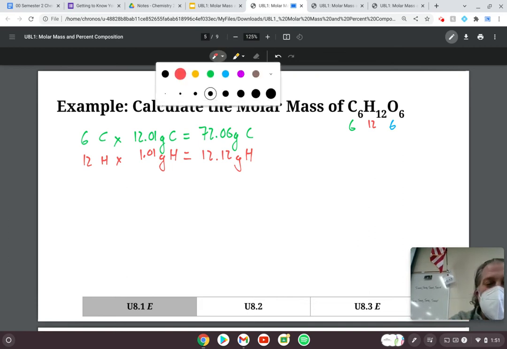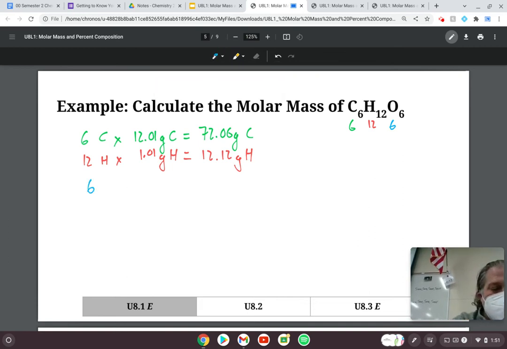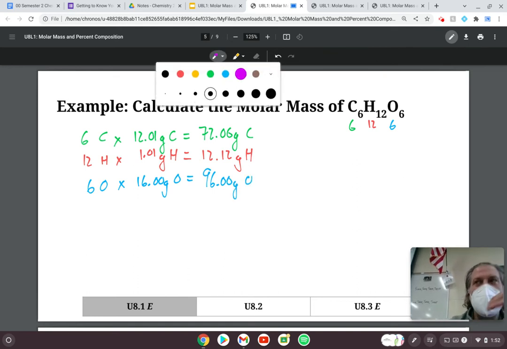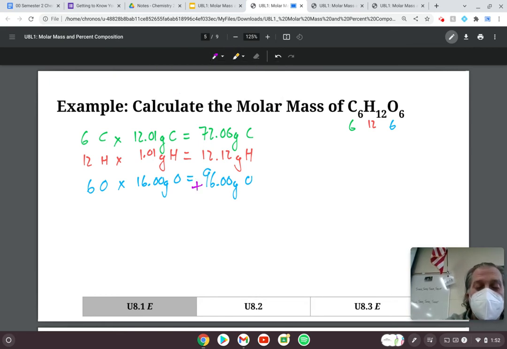And then we're going to take our oxygens, right? 6 oxygens times 16 grams of oxygen on the periodic table, which is 96 grams of oxygen. And now we're going to do the hardest part of this whole thing. We're going to add them together.